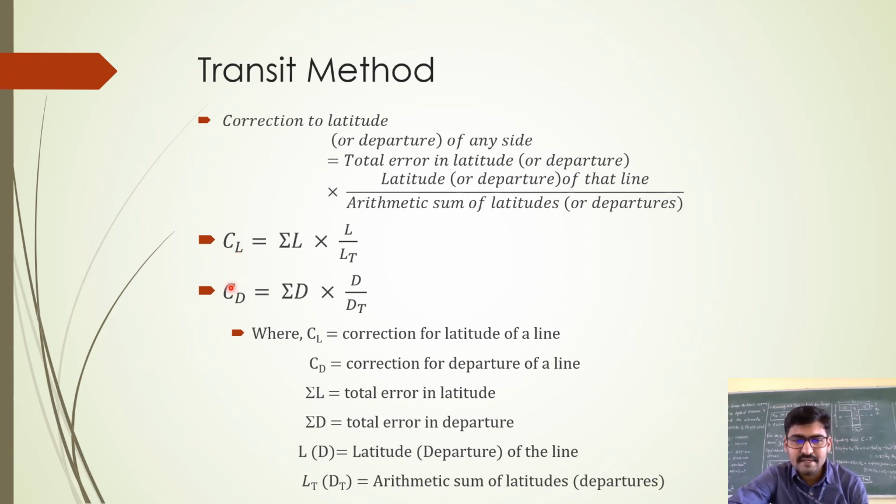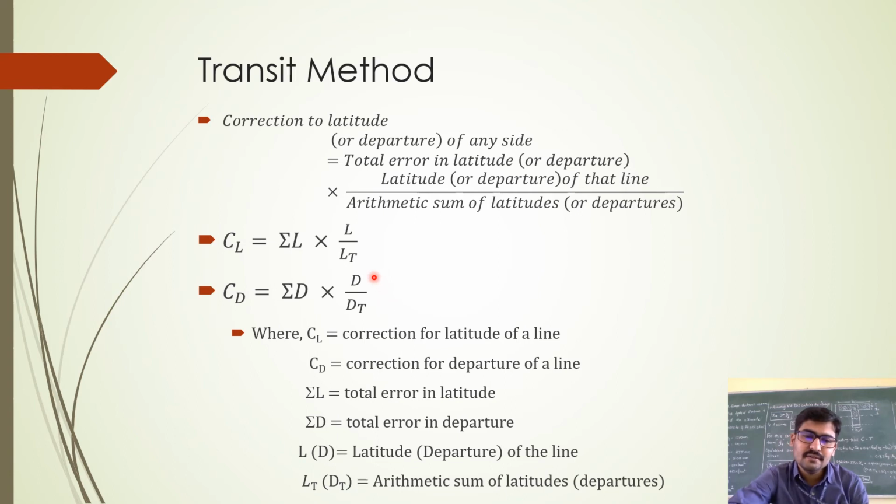In a similar way, the correction for departure is equal to the total error in the departure, summation D, multiplied by the departure of that line divided by the arithmetic sum of the departures. So you need to add all the departures without considering the plus or minus sign.